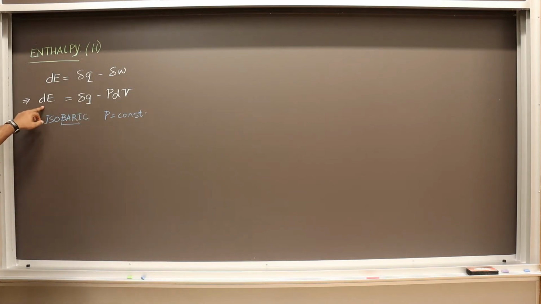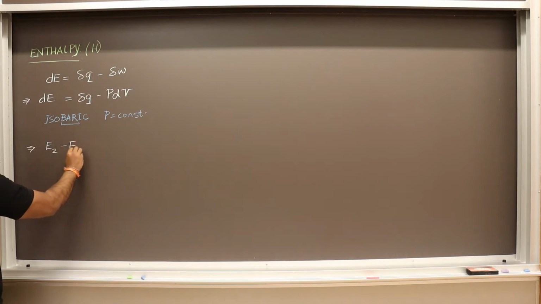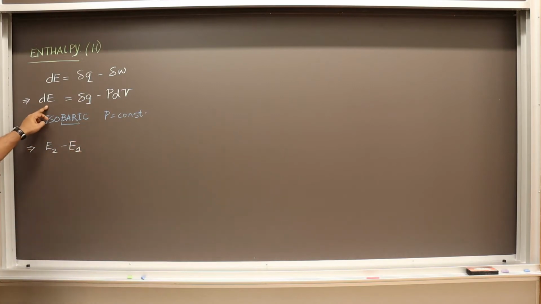dE is basically the change in internal energy, so it will become E2 minus E1 because it is a state function. It will only depend upon the final and the initial points. So the difference in internal energy is just the final value versus the initial value.